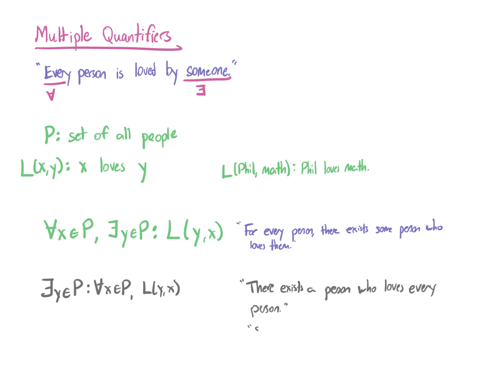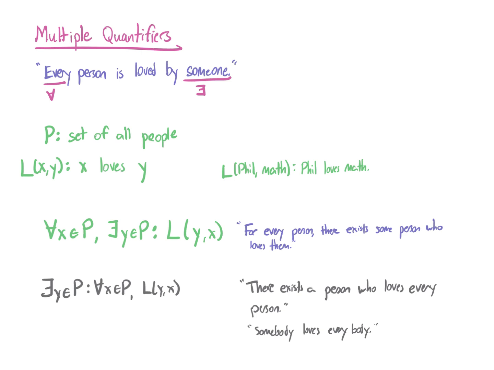Or another way to say this is somebody loves everybody. So this is a very different statement, and indeed, these statements arguably have different truth values. In my first statement, every person is loved by someone. I hope that all people can have in their lives someone who loves them. So this statement I hope very much to be true.